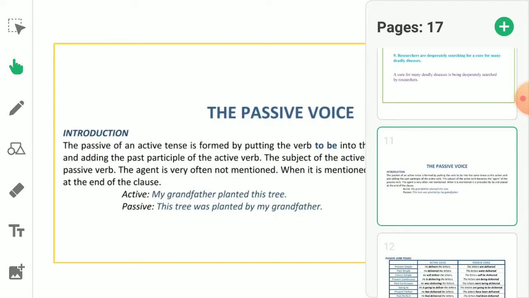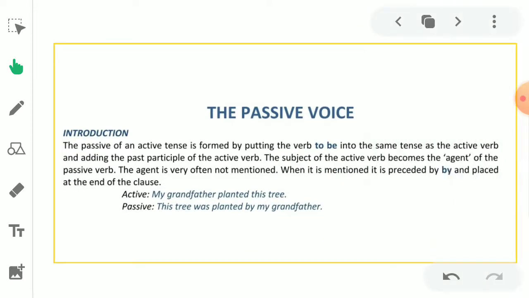Here is given passive voice. What is passive voice? The passive of an active tense is formed by putting the verb to be into the same tense. We should not change the tense form of the active verb.